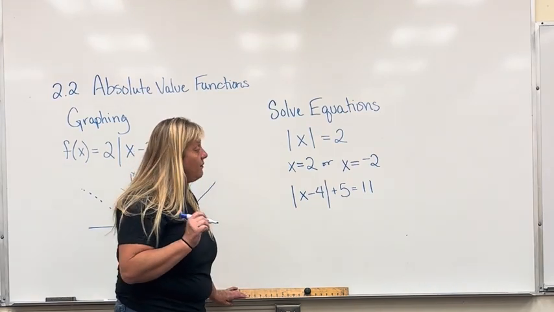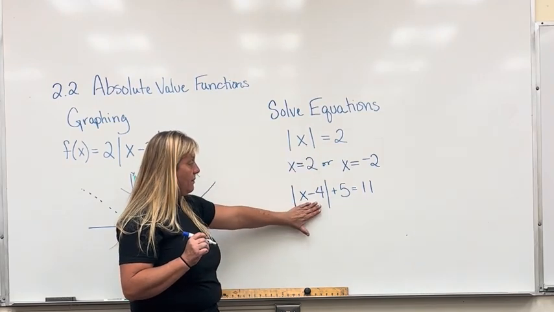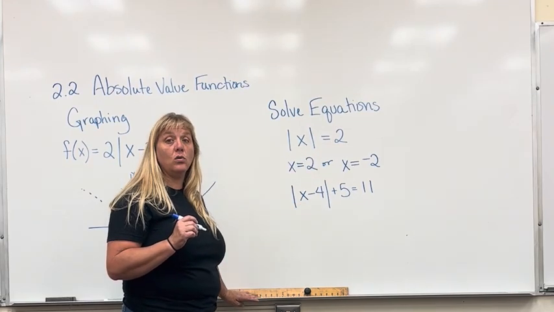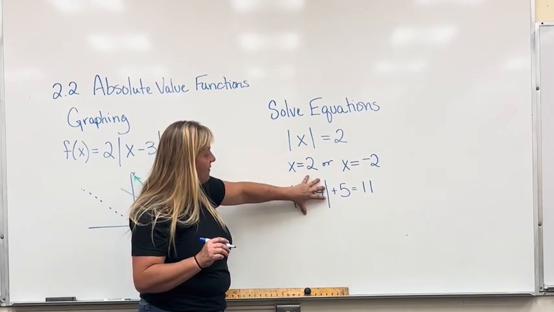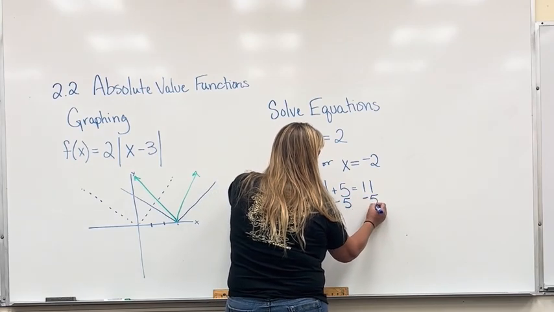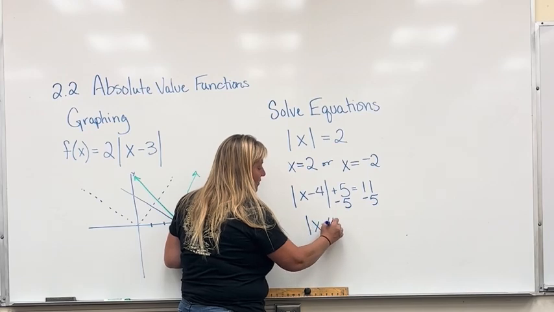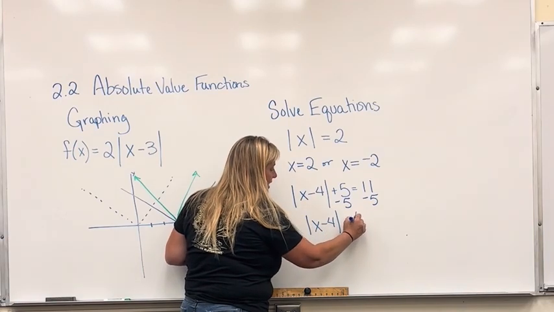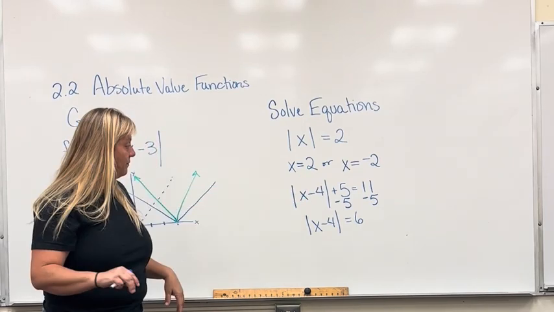Now, the first thing that we want to make sure that we do, even before we split it into 2 pieces, is we want to make sure that the absolute value is alone on one side and all the numbers are on the other side. So we're going to leave this absolute value here, but we're going to subtract the 5. And then have the absolute value of x minus 4 is equal to 6. So absolute value by itself equal to a number.